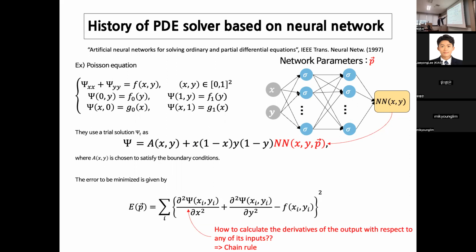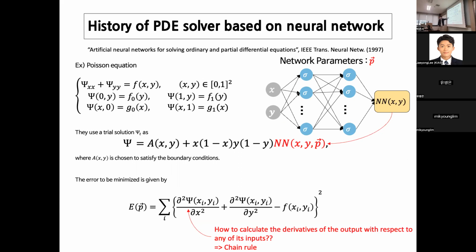They have a Poisson equation with these boundary conditions, and they construct a trial solution as follows: phi equals A plus x(1-x)y(1-y) times a neural network.